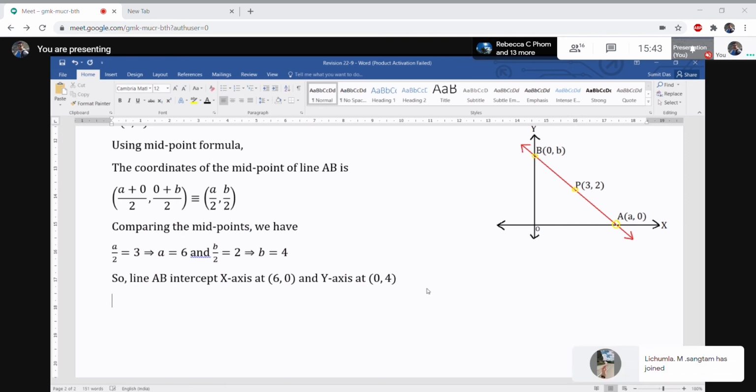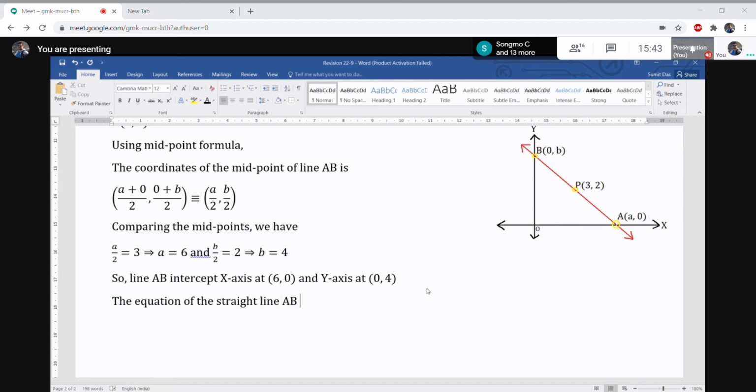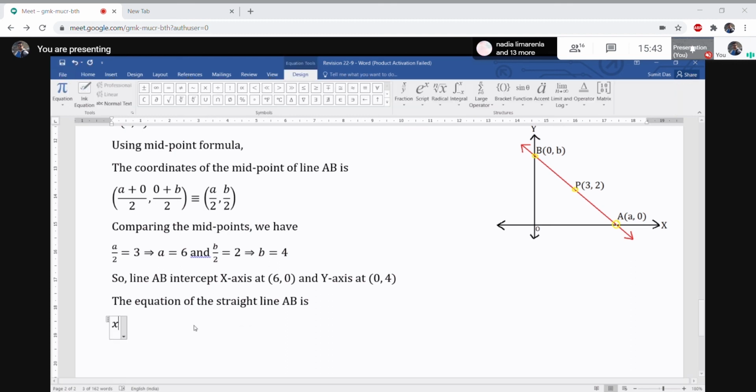So the equation of the straight line AB is, I hope all of you remember the intercept form. If not, it's time to revise. The form is x by a plus y by b equal to 1. Here we got a equal to 6, b equal to 4.